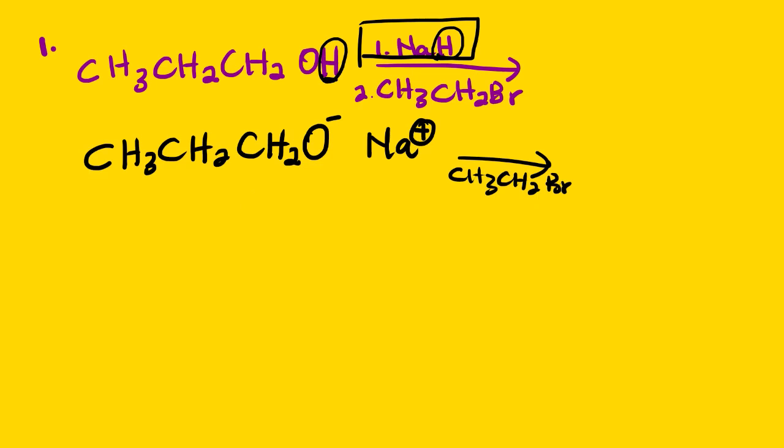So what happens is that this alkoxide will back attack our alkyl halide, and then Br will leave. Let me use this method to represent this, because it's very important to represent the movement of electrons.